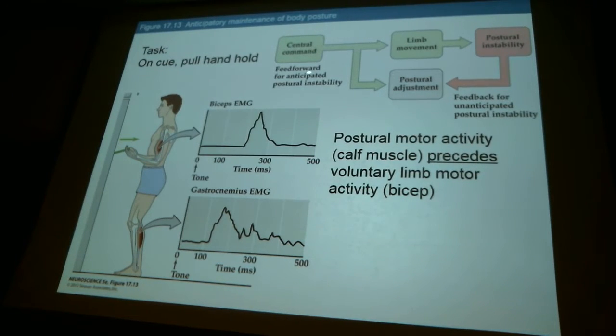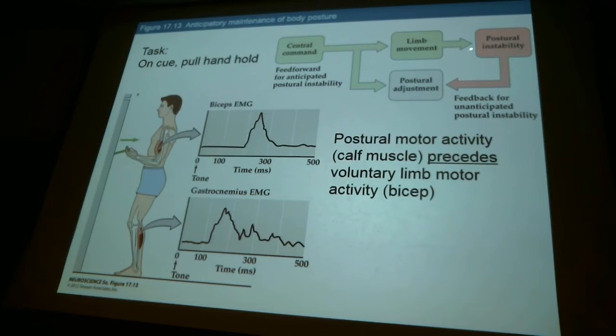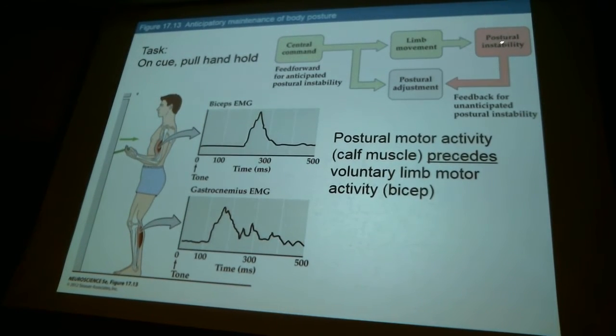The idea is that you have a central command that's going to initiate a limb movement, but at the same time, you have to do the postural adjustments. So you're sort of thinking ahead as to what you have to do. You're not really thinking, but your body's thinking. Then once you make a limb movement, this causes postural instability, which then provides a feedback signal. So you have a feed forward and a feedback signal.